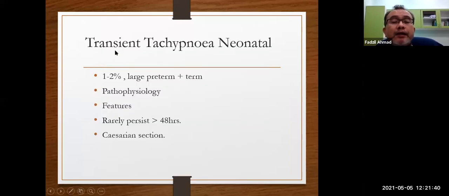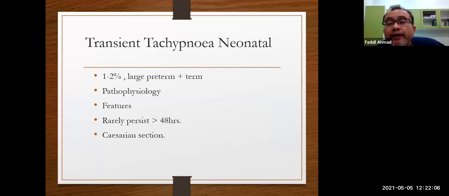The other one is TTN, transient tachypnea of the newborn. It happens in late preterm or term babies, and 1 to 2% of term babies can develop TTN. What happens is that the lung in utero mainly contains fluid.